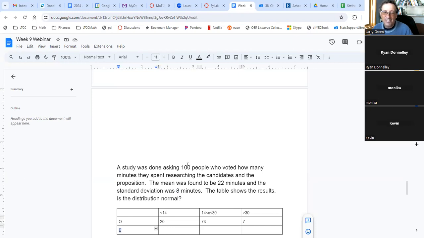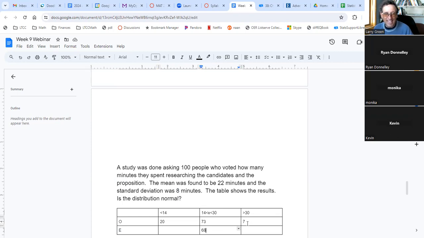Now, I tried to make this easy, by the way. I did make up these numbers, so it's not like I really did a survey, but you can imagine it. What is 68% of 100 people? I hope you don't need a calculator for that. 68, yeah. So that would be 0.68 times 100. Not supposed to be tricky. Okay, and then we have the other two sides.